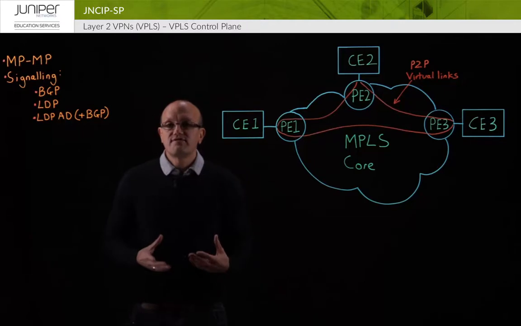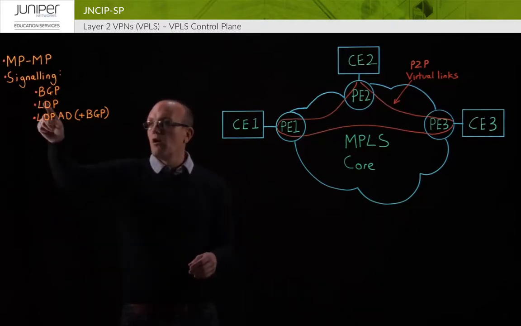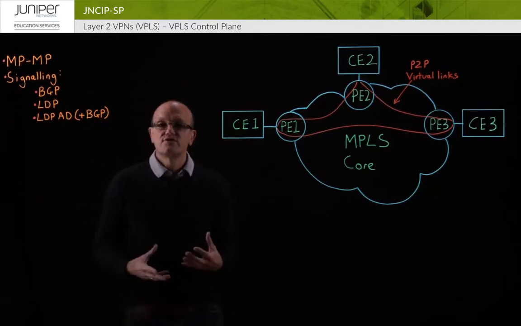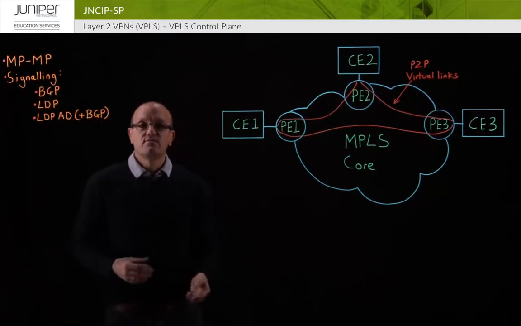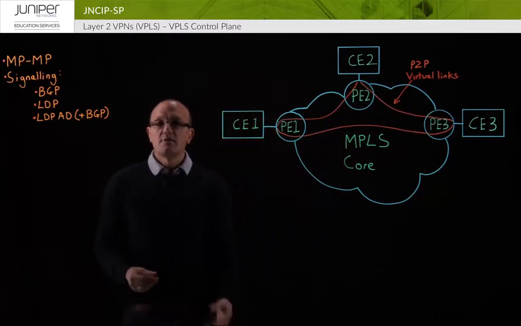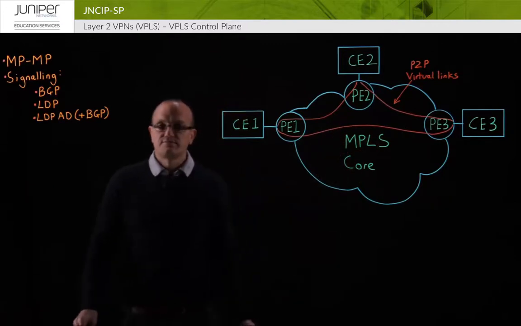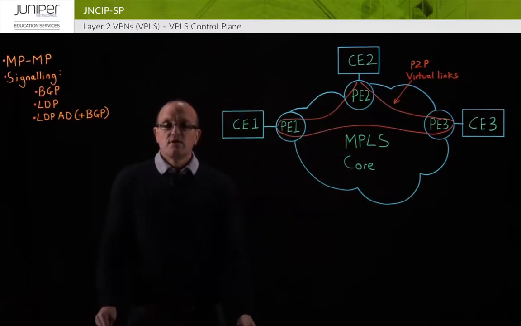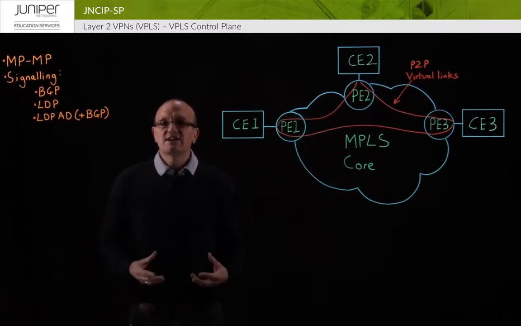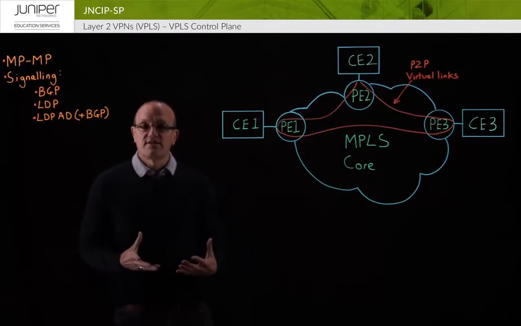So remember from previous videos that we can use either BGP or LDP, or a combination of the two, to signal these point-to-point virtual links between customer devices within an MPLS network. With VPLS, we actually utilize exactly the same signaling as these methods.